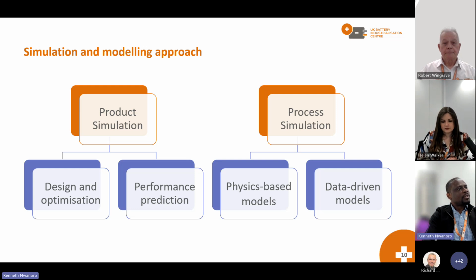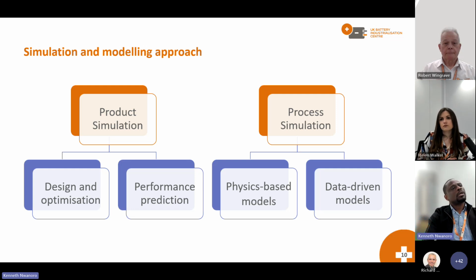So in continuation with the presentation, I will go through my slides that will be discussing product simulation at UKBIC and then process simulation at UKBIC. So at UKBIC, we are heavily involved in simulation and modeling to support the production and cell fabrication processes that go on here.